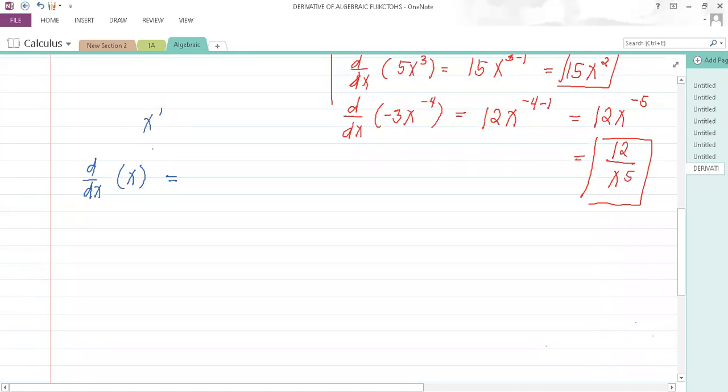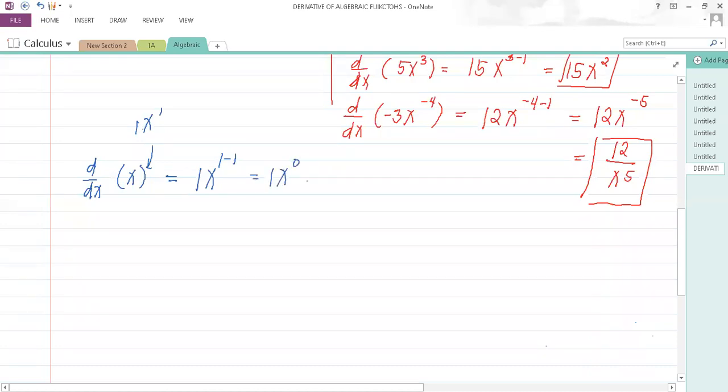So i-apply natin yung x raised to n na rule. So that is 1 times 1, that is 1. So x pa rin. So 1 times 1, that is 1, x raised to 1 minus 1. So ang magiging sagot natin dyan, 1x raised to 0.